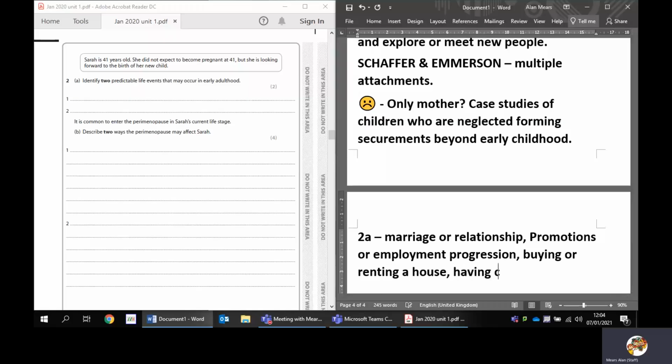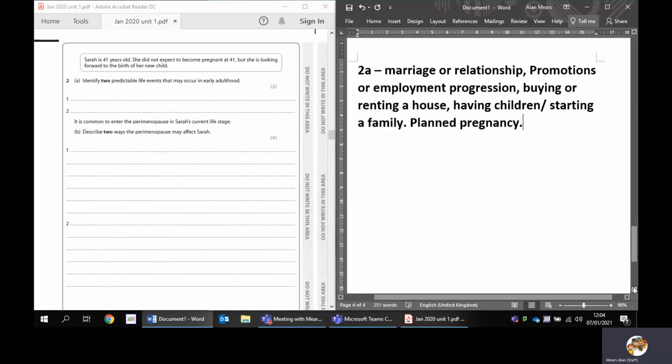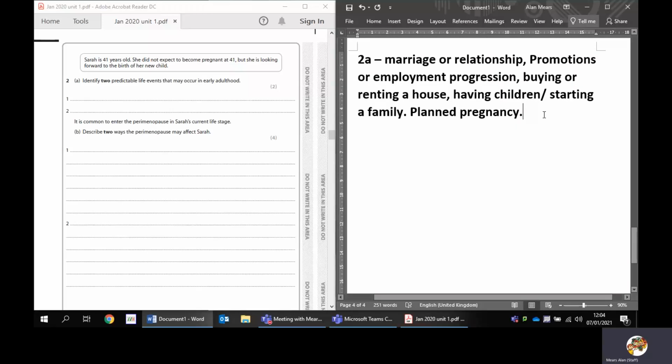Having children. So again, these would be starting a family. Pregnancy is a predictable life event, particularly a planned pregnancy. But I'm slightly conscious because the item talks about Sarah being pregnant, I would be less inclined to write it just because it's already in that little bit of context given to you.